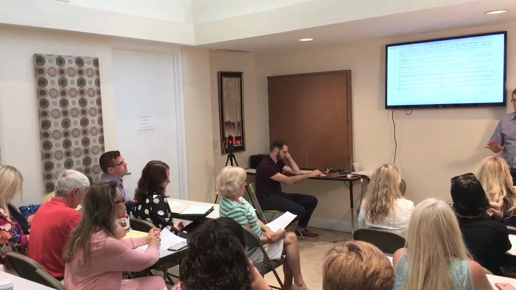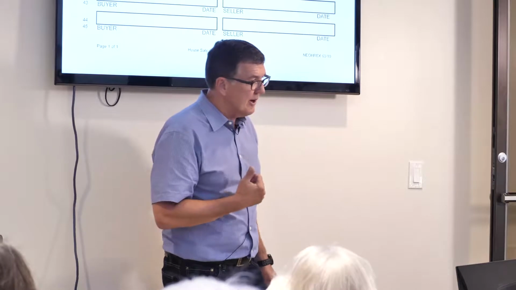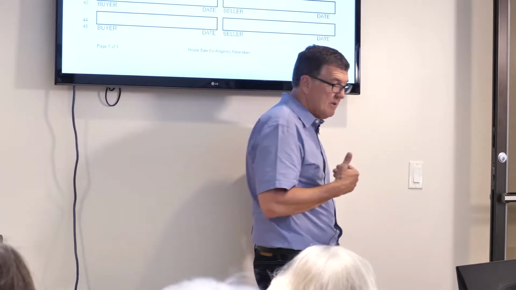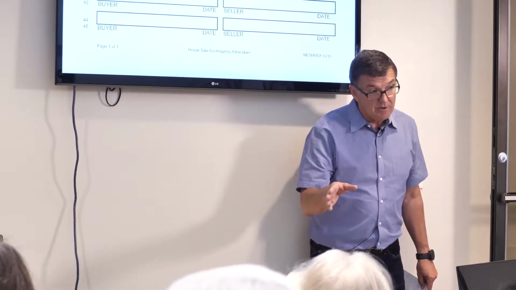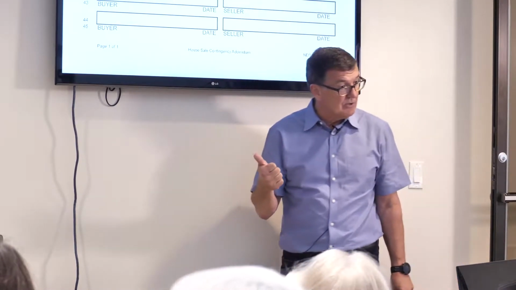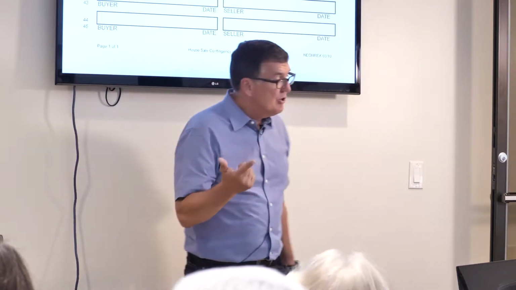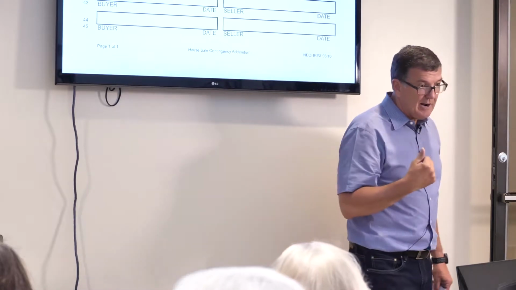Okay, I think I understood your question. Periodically, we have somebody that wants to use a form that isn't ours. We can use any form that they want. You need to do two things. One is talk to the manager and have them look at it. And two, they can use any form that they want. It's their contract. It's not ours.